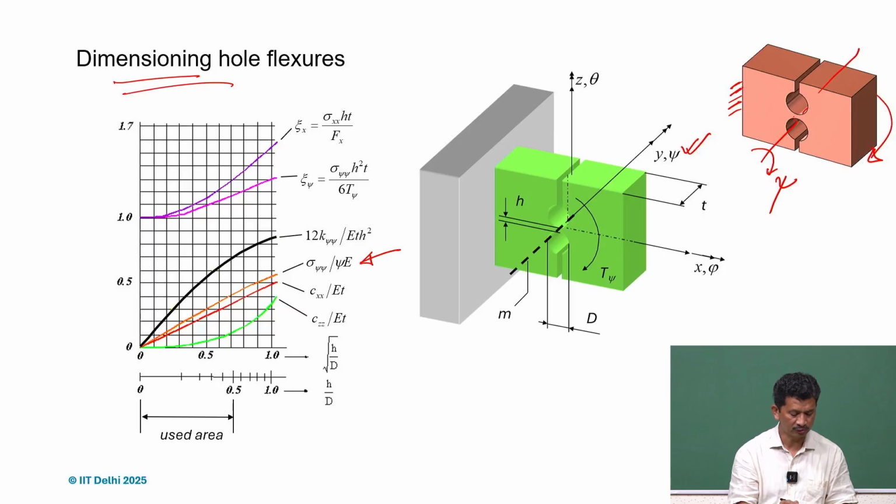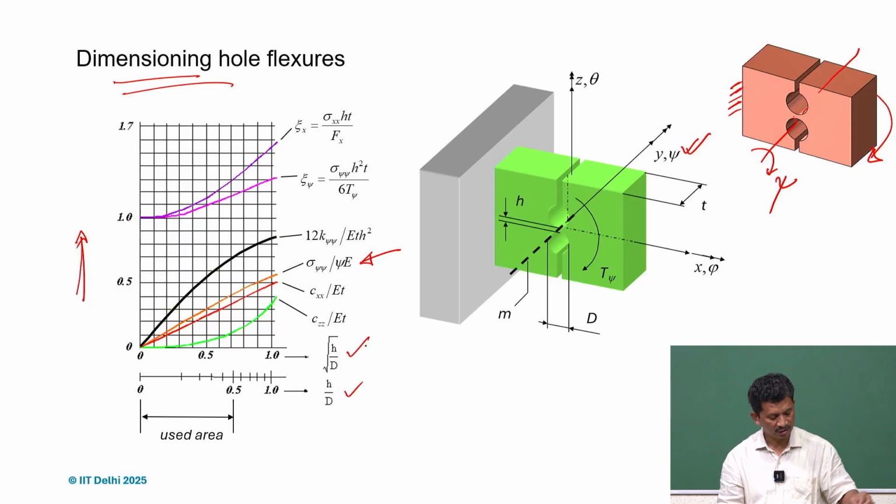What is the range of motion? This is a non-dimensional graph, where all the parameters are plotted with respect to non-dimensional parameters. Along the y-axis you have different parameters, and along the x-axis we have h by d, or square root of h by d, but h by d is not linear.